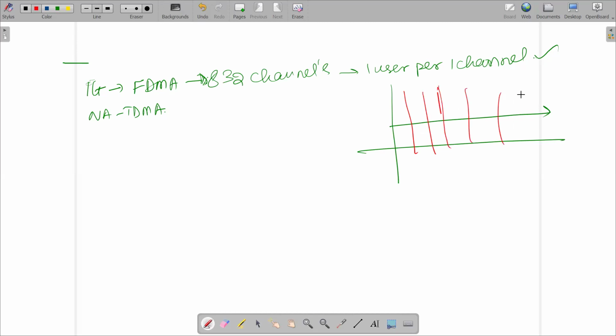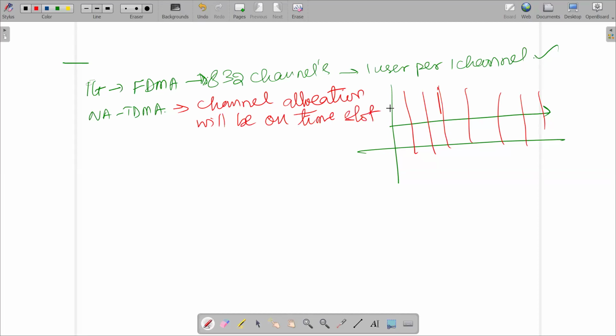Time based allocation means channel allocation will be on time. It's a time slot. Slot 0, slot 1, 2, 3, 4, and so on.